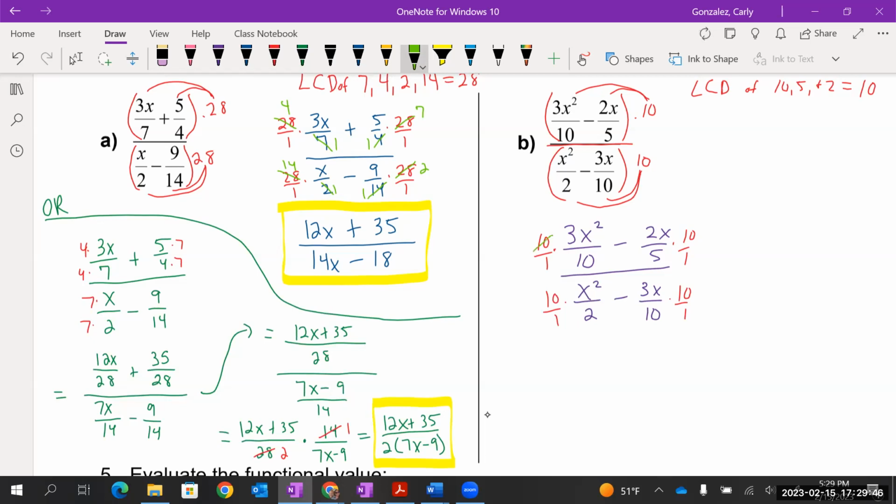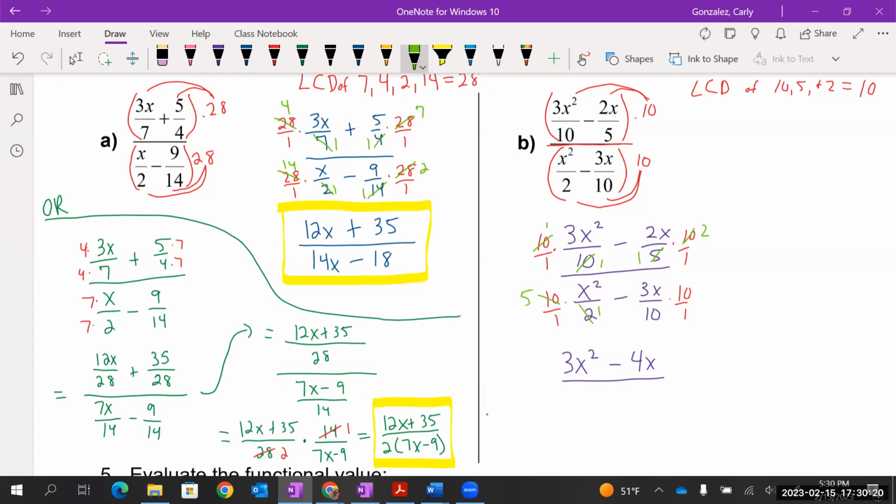Top left, the 10s cancel out, and we're just left with 3x squared. Top right, we can reduce 5 and 10 by 5 to get 1 and 2. Then we multiply 2x times 2 to get 4x. Bottom left, we can reduce 10 and 2 by 2 to get 1 and 5.